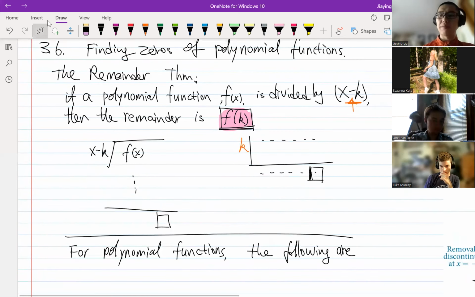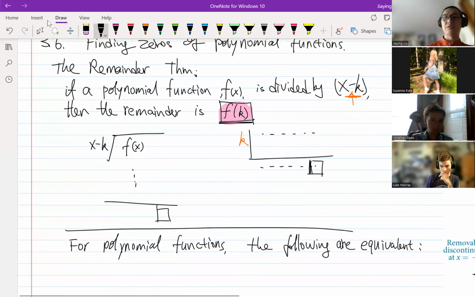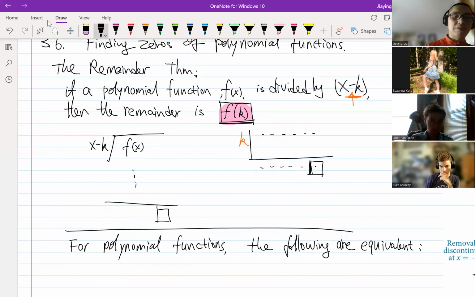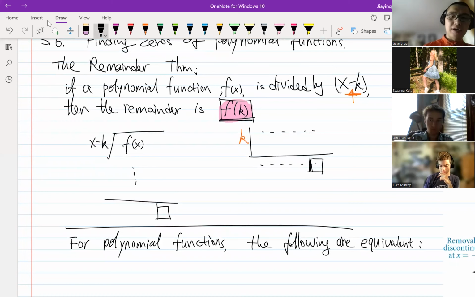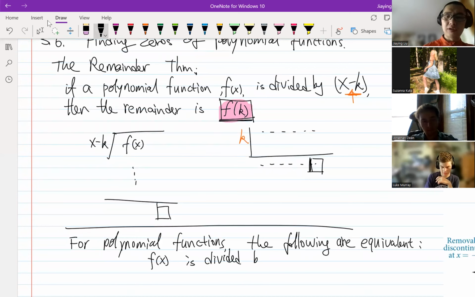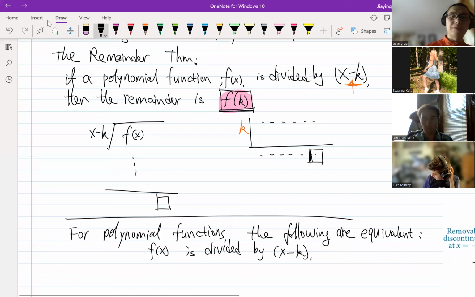The following statements I'm going to write are all equivalent. So if one is true, the other ones are true. I should add, for a polynomial function, suppose f of x is divided by x minus k.